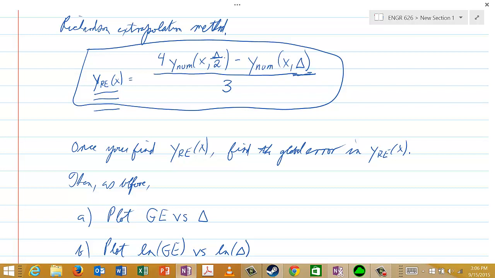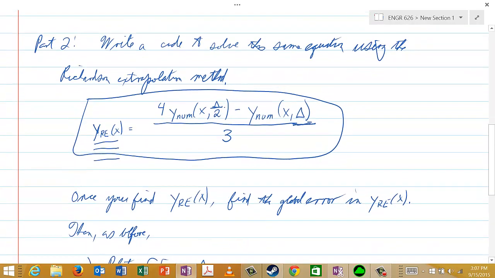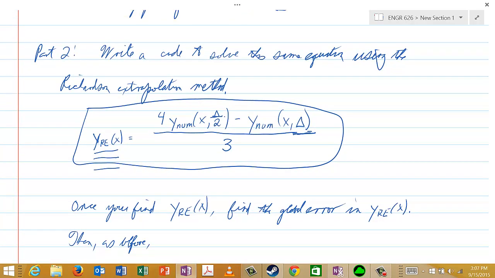The next time through the loop, you'll have delta equals h over 2, but you will need to get two solutions. This time the first solution will be delta equals h over 2, and the second solution will be delta equals h over 4. You will use this same formula right here to calculate the Richardson extrapolate on the mesh with delta equals h over 2, and again you'll find the global error.